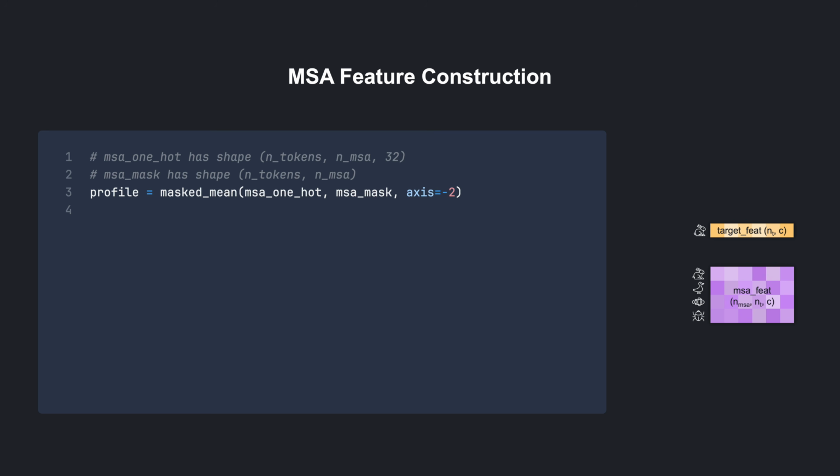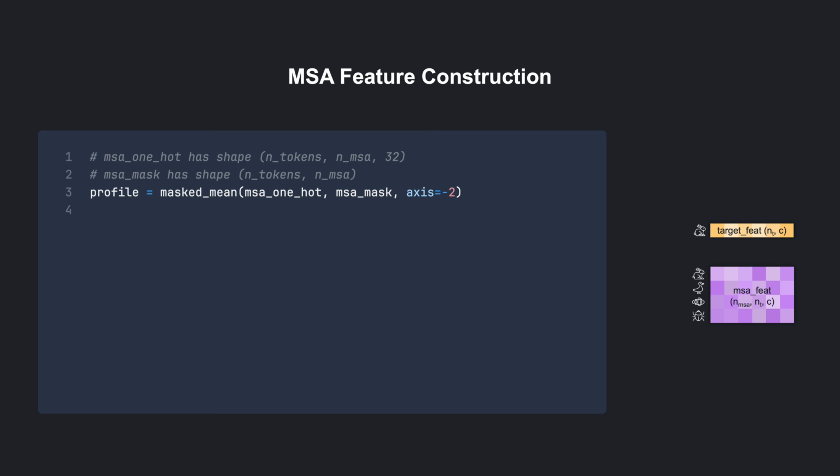A straightforward, although not super efficient way to calculate this distribution is by doing a one-hot encoding of the MSA and then averaging over the number of sequences dimension. One thing to keep in mind here is that for the mean calculation, we need to divide not by the feature shape in that dimension, but by the number of rows actually present for this residue position. So we'll do that with a masked mean operation.